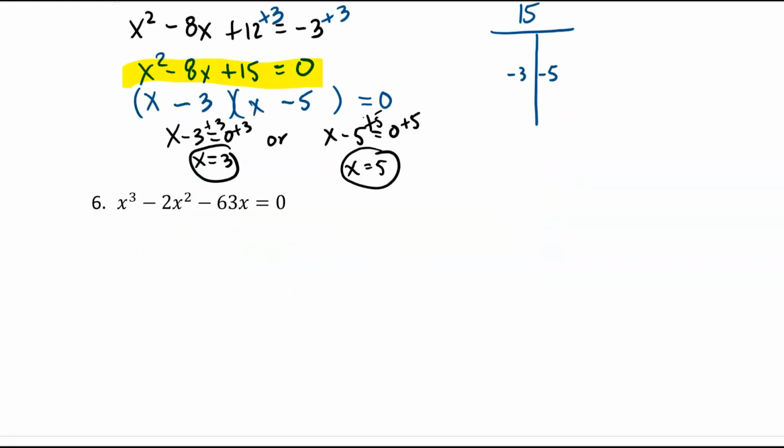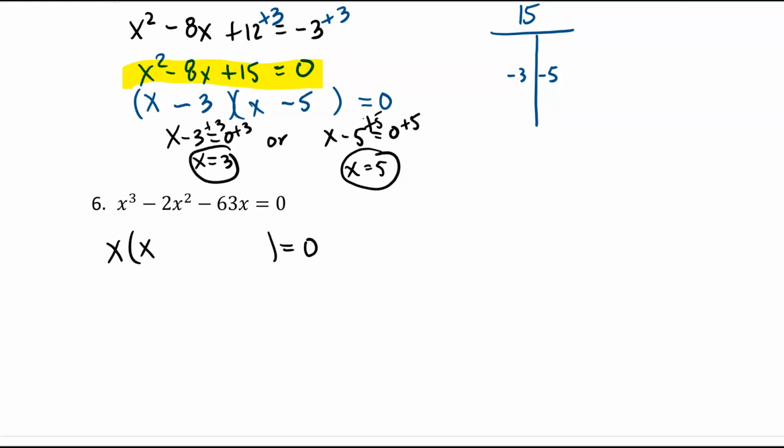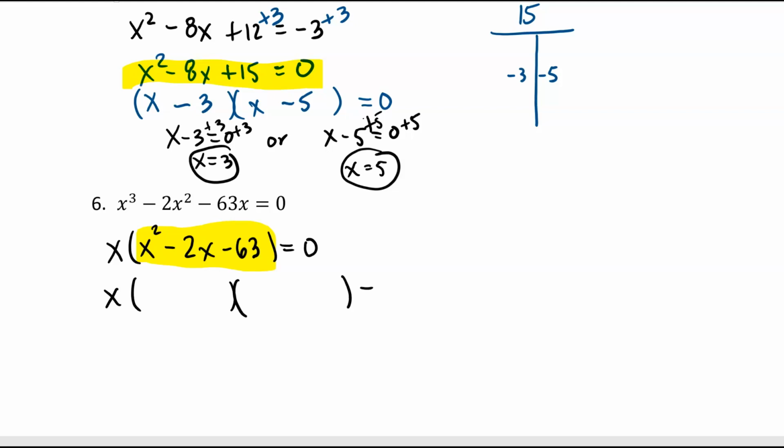Moving on to the last problem. Notice for this problem, we actually do have a GCF, which is x. We take that x out and we get x squared minus 2x minus 63, which is a trinomial. So we haven't factored completely just yet. It's an easy case trinomial, which is nice.